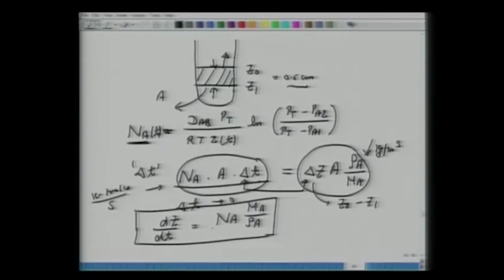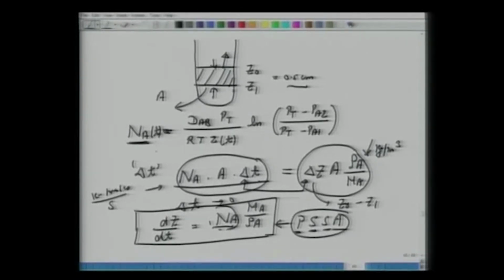In reality NA is also a function of time, but we are assuming that NA is quite faster than the rate of decrease of this level. So again we have made use of the pseudo steady state approximation, the quasi-steady state approximation.